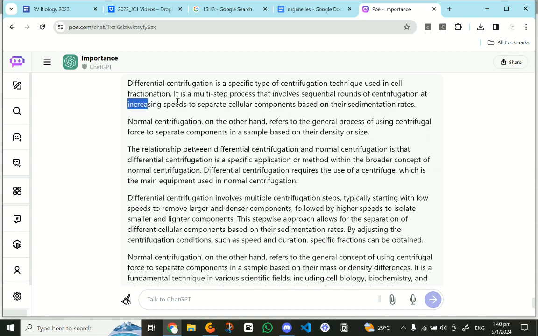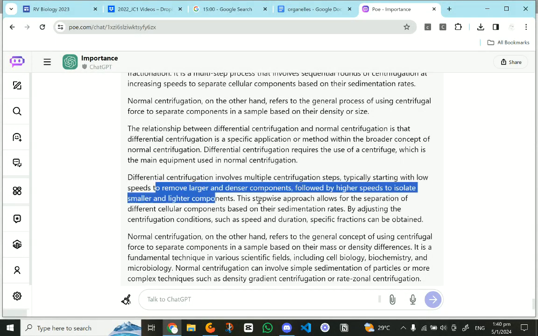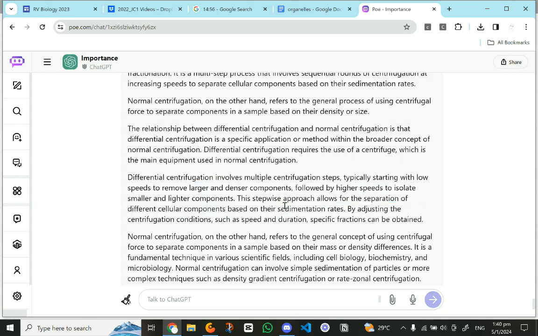So it's increasing speeds. I'm not an expert in this, and I want to know why on earth you need the speeds. Okay, I think they say it here, just nice. So it's more of to remove each component. Interesting.